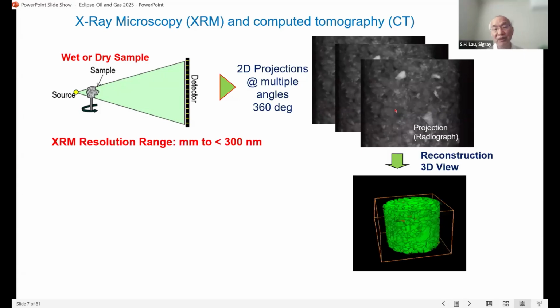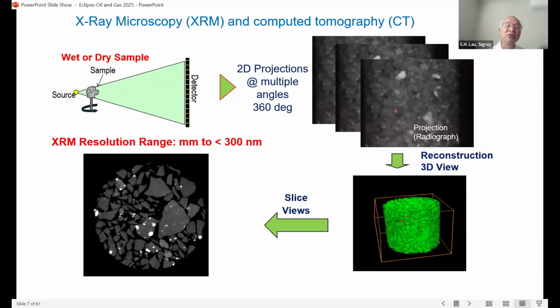Once you have a 3D image, you have a virtual three-dimensional image that you can slice in different directions. I can slice from the top, I can slice from the side. It will give you slices just like what you see in your SEM. In SEM, you have to polish your sample to do the 2D image.